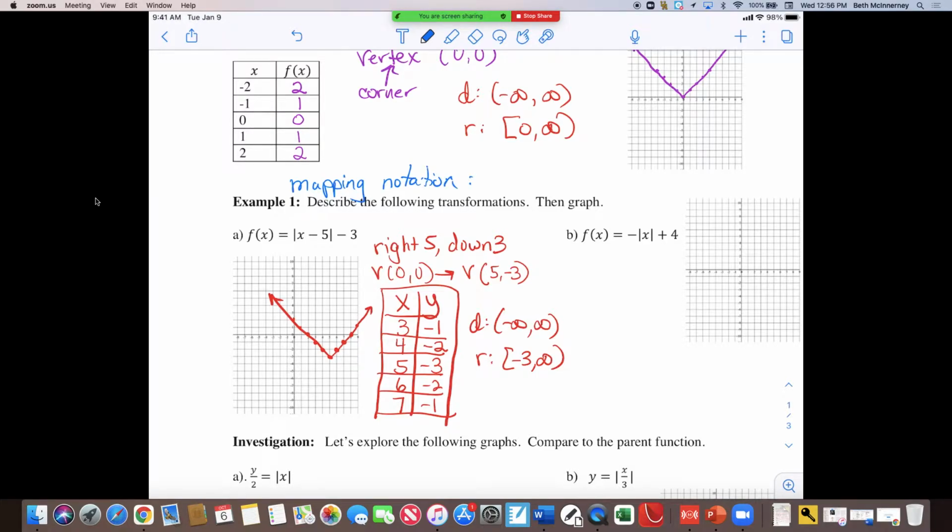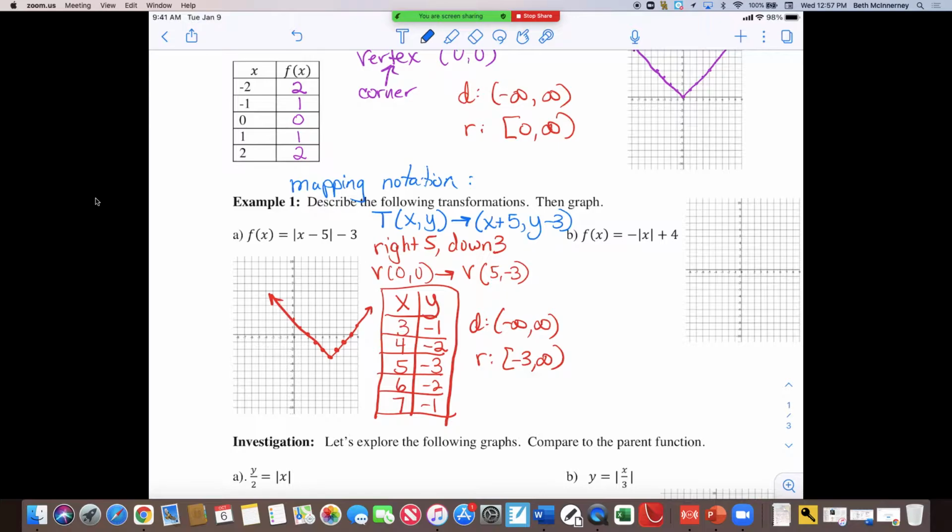Okay, I want to introduce a notation here, and it's called mapping notation. And mapping notation for this particular problem, we use a capital T for transformation, and it looks like this. Capital T of my point xy, well, what did we do? We moved every point right 5, so we're going to add 5 to every x value, and we're going to subtract 3 because we moved down 3.